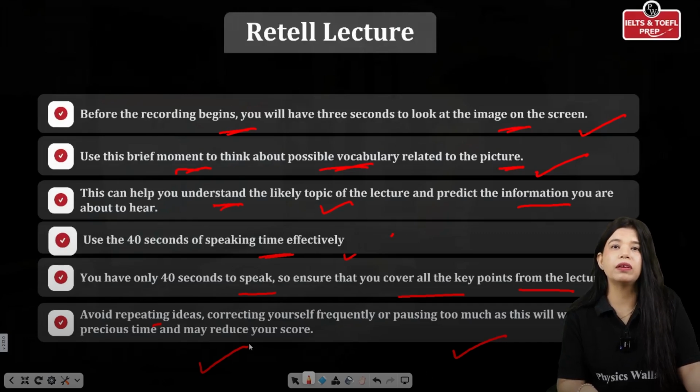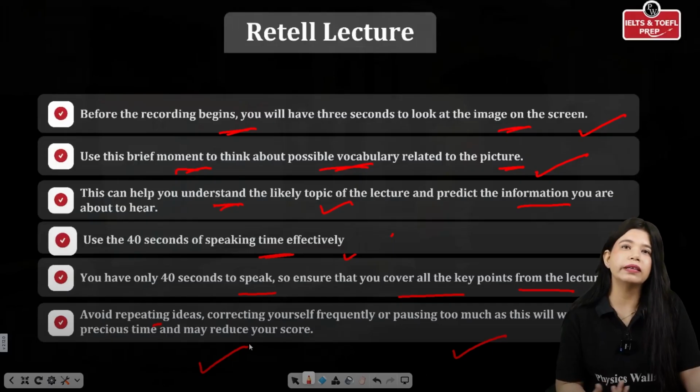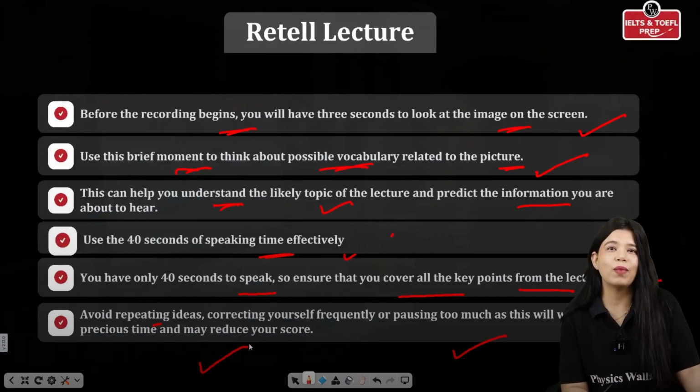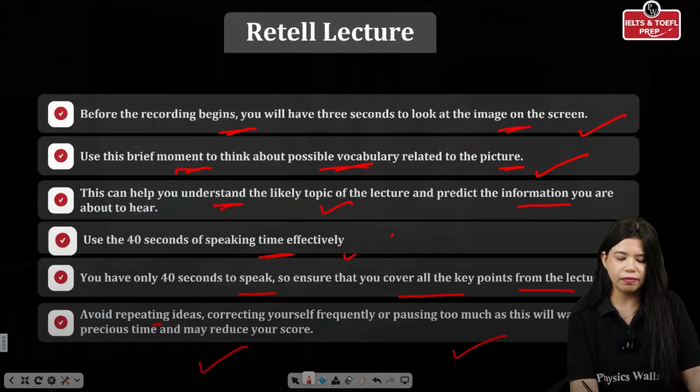In this time, if you are repeating your ideas or pausing too much or correcting yourself too much, you won't be able to cover all the key points. And that is why this should be avoided. Self-correcting a lot, taking pauses, and repeating ideas are major no-nos here.